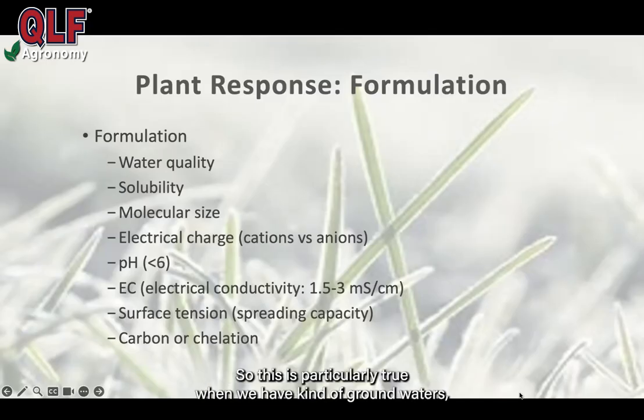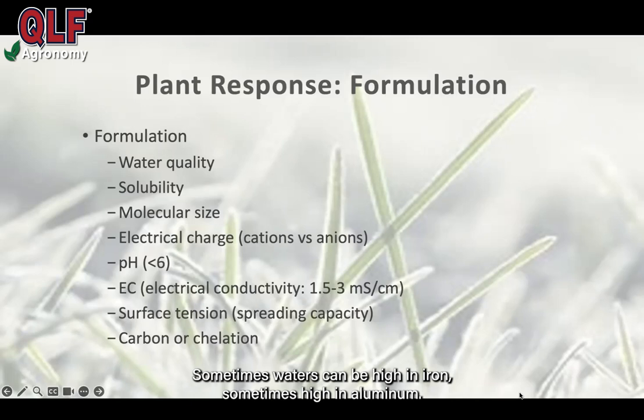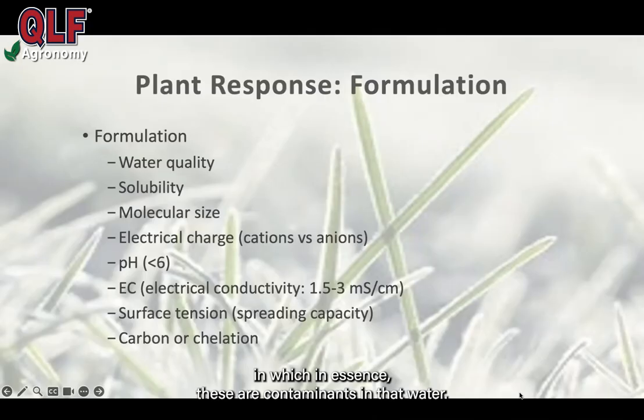This is particularly true when we have groundwaters, maybe very hard waters, very high pH waters. These are full of things like carbonates, bicarbonates, calcium, magnesium. Sometimes waters can be high in iron, sometimes high in aluminium, could be all sorts of things, which in essence are contaminants in that water.